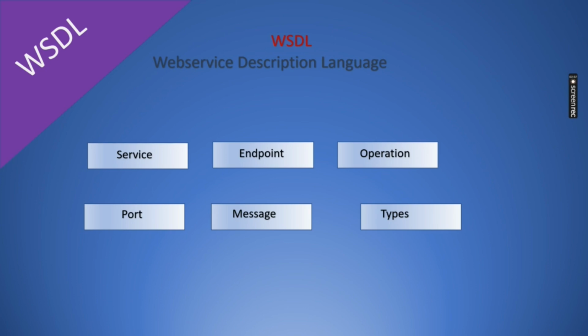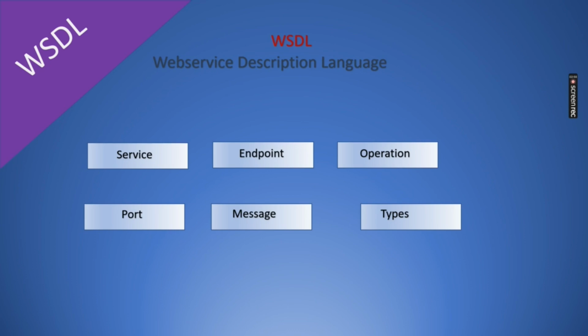Then inside the WSDL the operation is described. Suppose it is adding two numbers, that is one operation. If it is subtracting, or searching for an employee, or calculating some operation, that would reside in the operation.